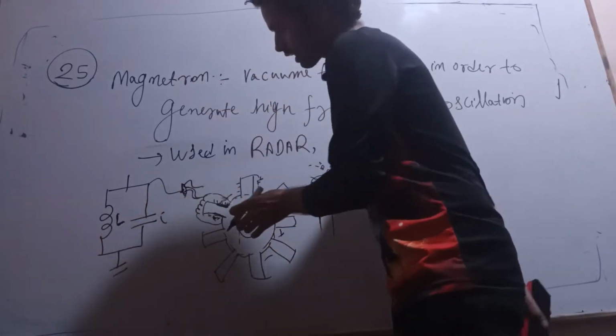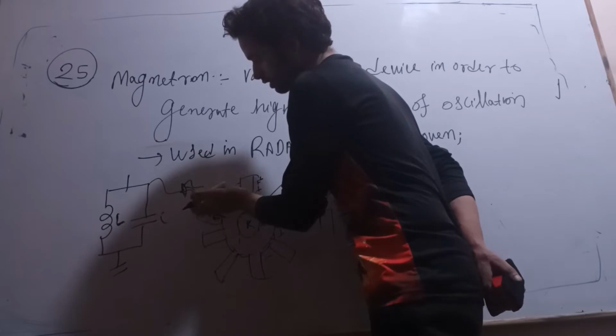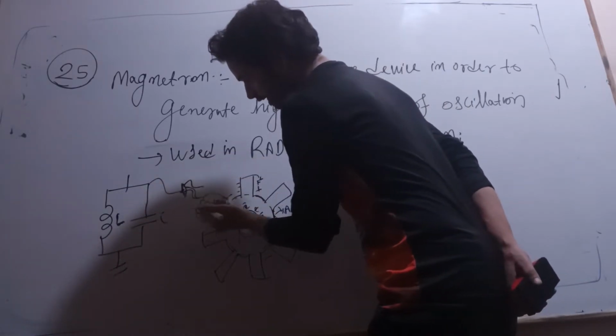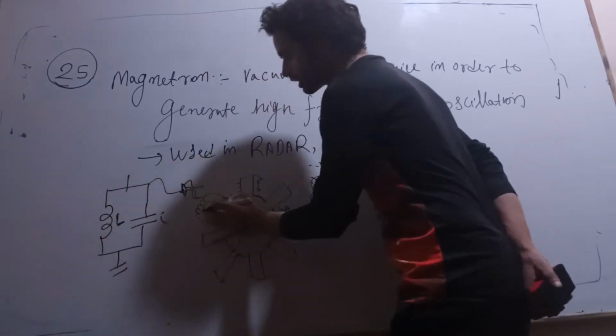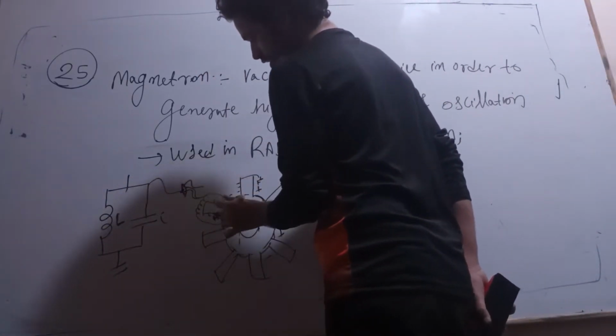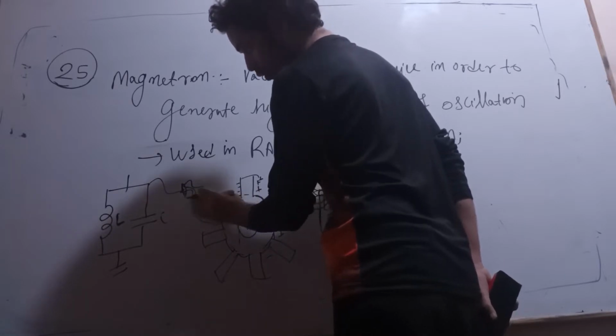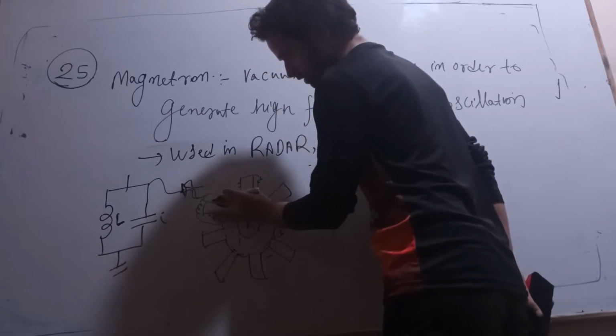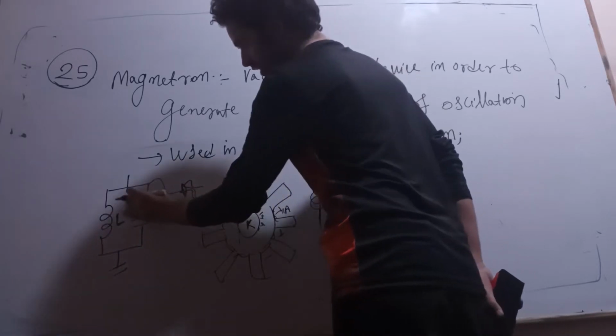Now this will act like an inductor across this. We are connecting this inductor, so it's exactly like an inductor and capacitor. These are the plates, and the upper portion is acting like an inductor, and these adjacent plates act as a capacitor.